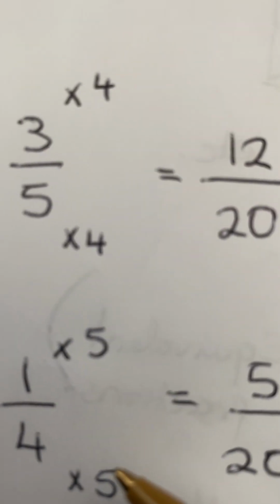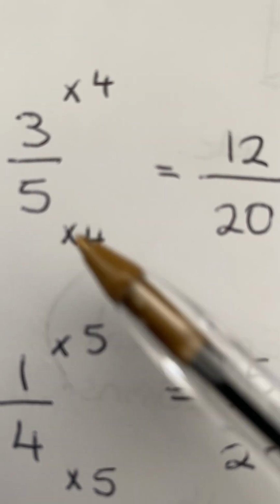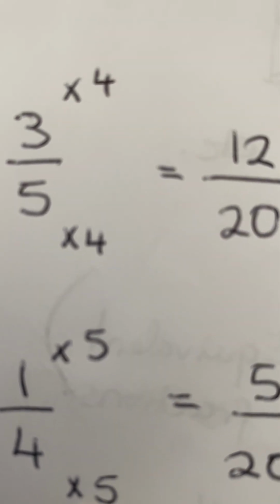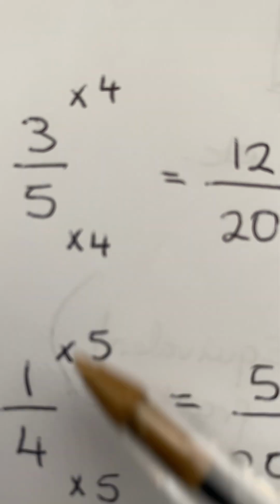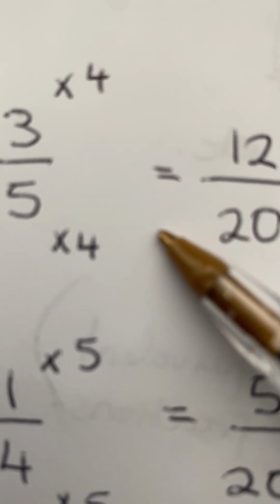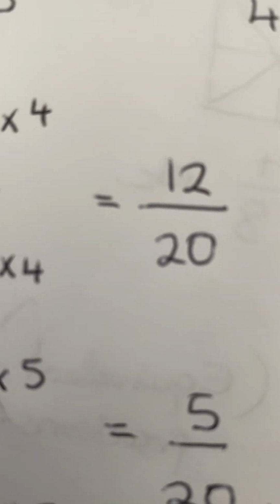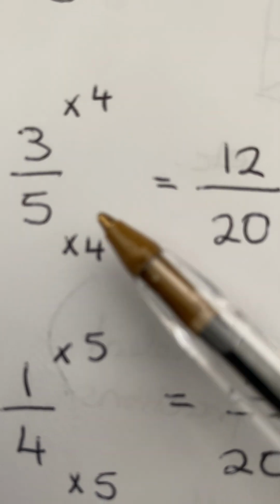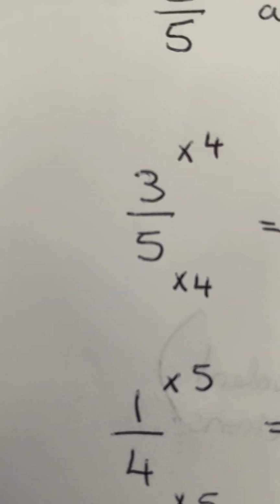Now let's look at 1 over 4. Because the common multiple of 5 and 4 is 20, 4 can go into 20 five times and 5 can divide 20 four times.